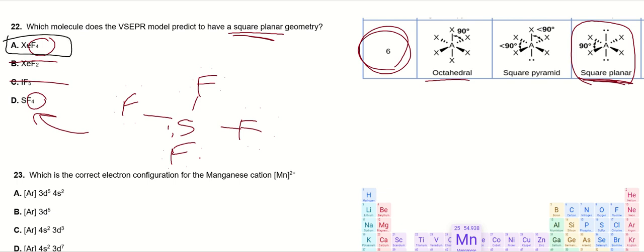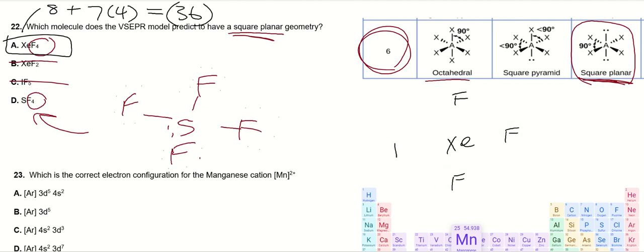Let's do this because you may not have gotten the same order, right? All right, xenon has 8 valence electrons. Fluorine has 7. There's 4 fluorines. That's 28 plus 8 is 36. Let's put xenon in the middle, connect it to 4 fluorines. 2, 4, 6, 8.